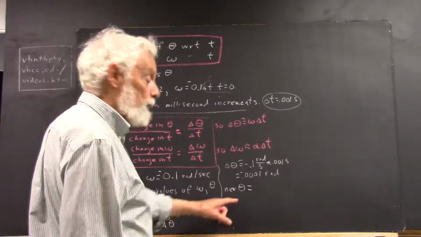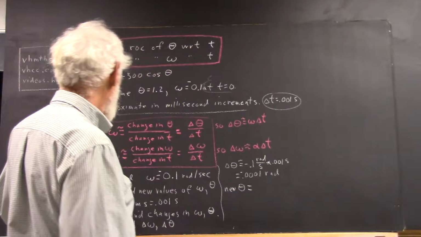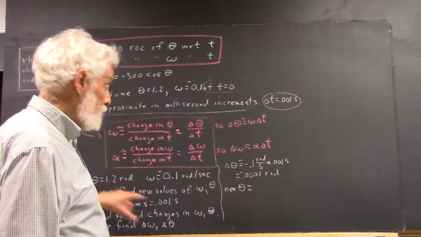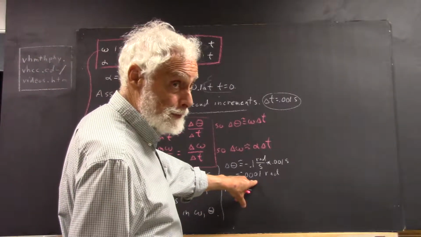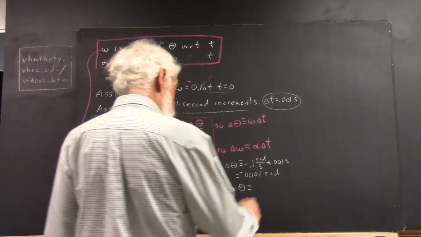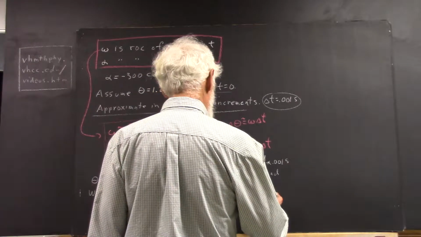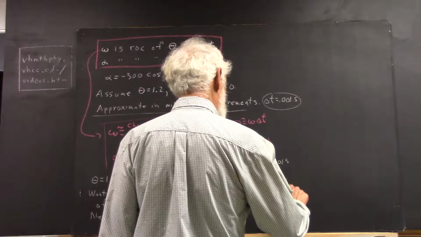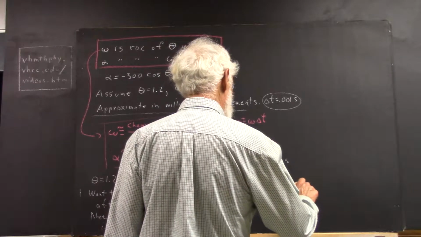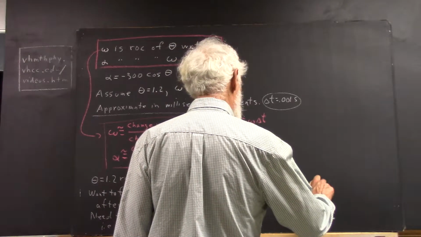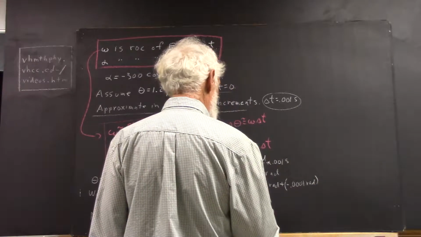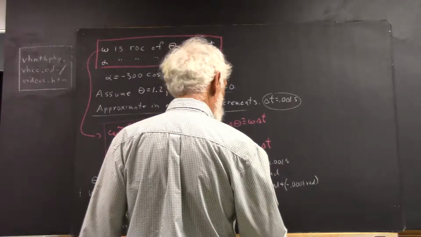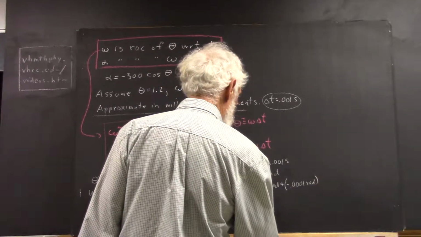Okay, so how do we get the new theta? Well, if theta is 1.2 and it changes by negative 0.001, then the new theta is going to be 12 radians plus the change, which is negative 0.0001 radian, giving us, and I don't know where I got 12.2, it's just 12.